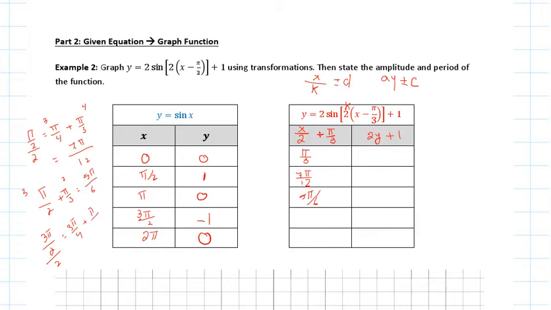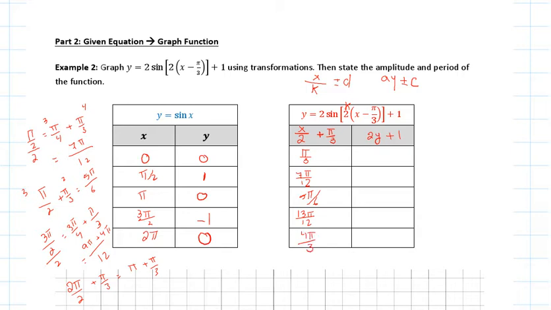With a common denominator of 12, that's 9 pi plus 4 pi, which is 13 pi over 12. And last, 2 pi divided by 2 plus pi over 3 is pi plus pi over 3. Common denominator is 3, so that's 4 pi over 3.